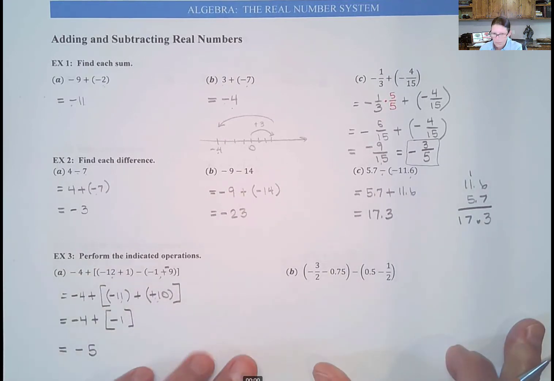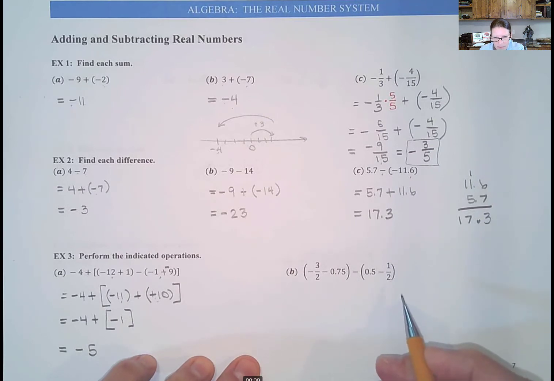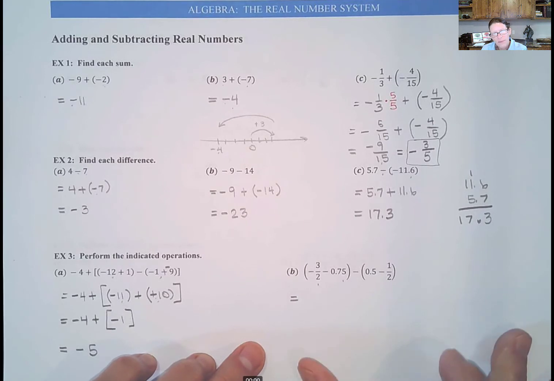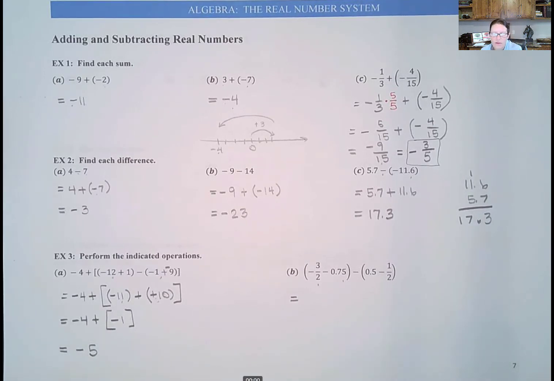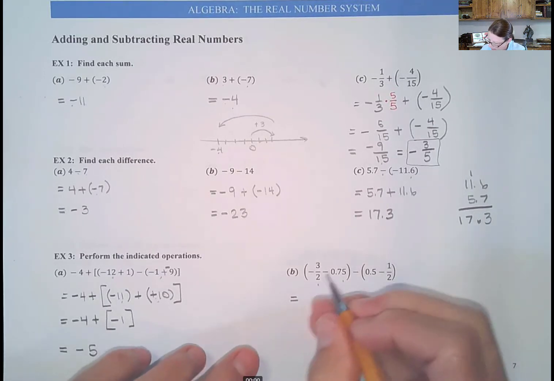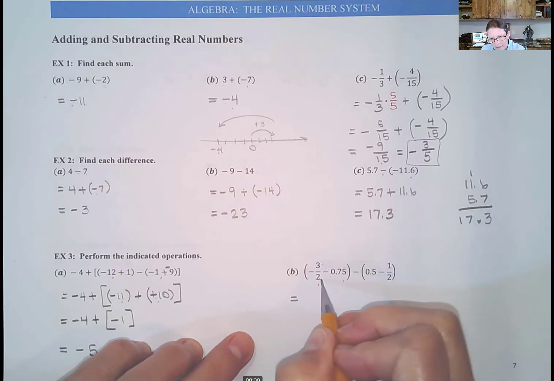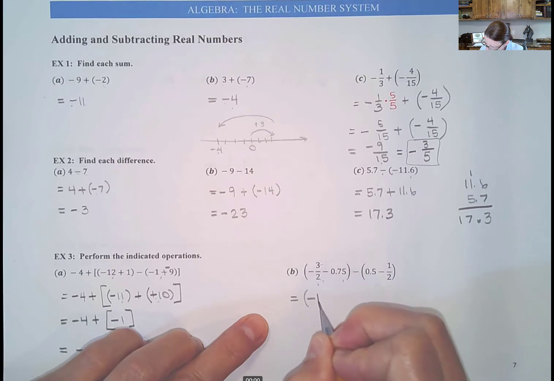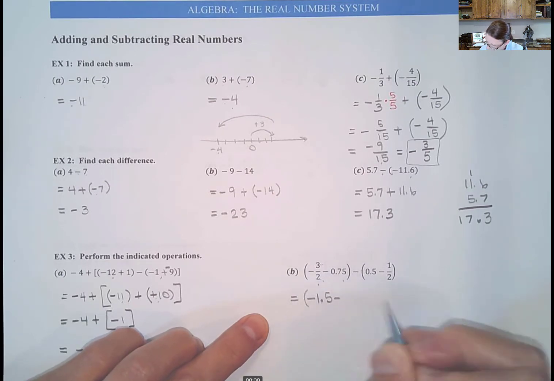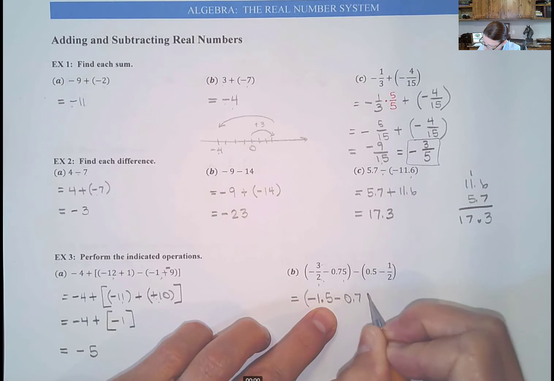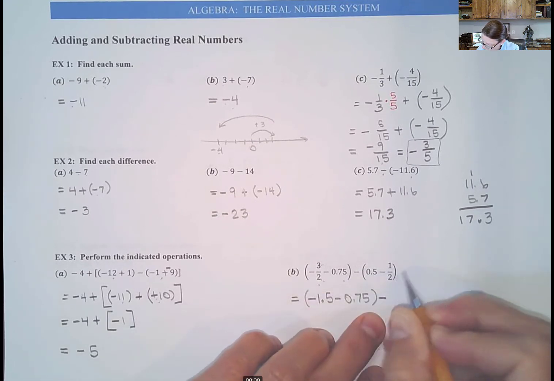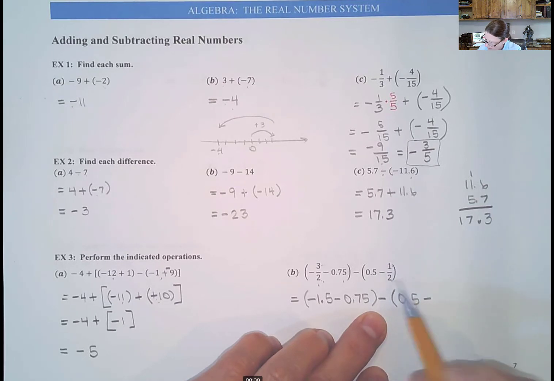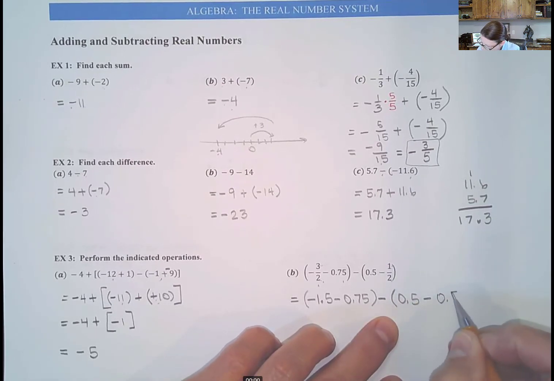Now in Part B, okay, we've got fractions and decimals, and I'm going to go ahead and convert the fractions to decimals, and we do that by dividing the numerator by the denominator. 3 divided by 2 is 1.5. So negative 1.5 minus 0.75 minus, in second parentheses, we have 0.5 minus 1 divided by 2 is 0.5.